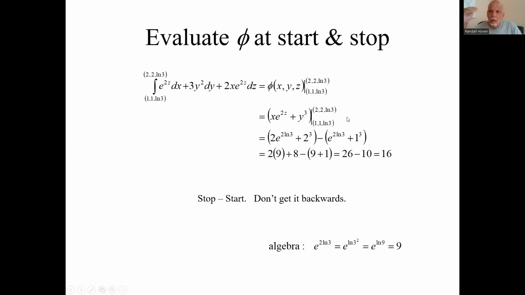Get your start and stop, or stop and start, sign correctly. It's where you end minus where you started. So it would be minus x is 1, y is 1, z is still log 3. So subtract off 1 e to the 2 log 3, 1 cubed.